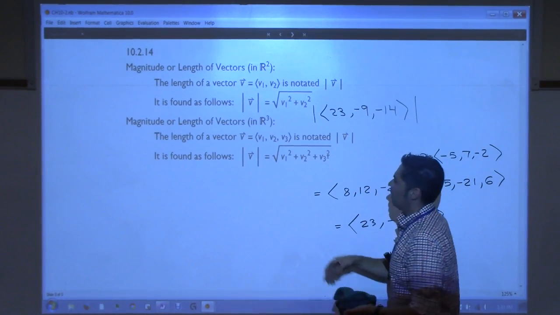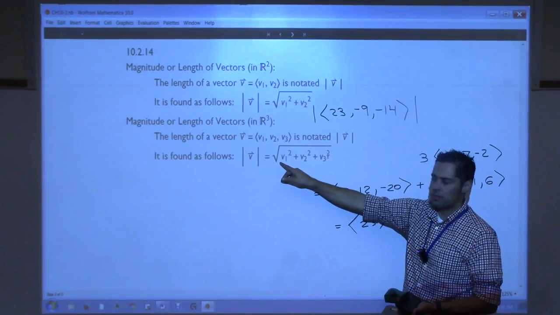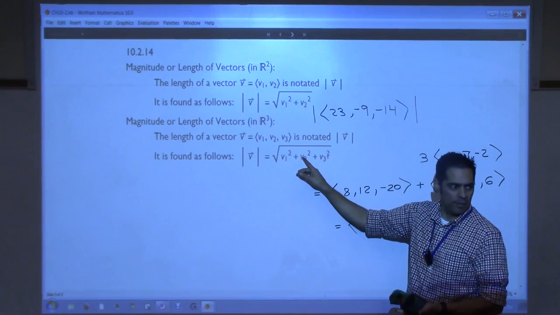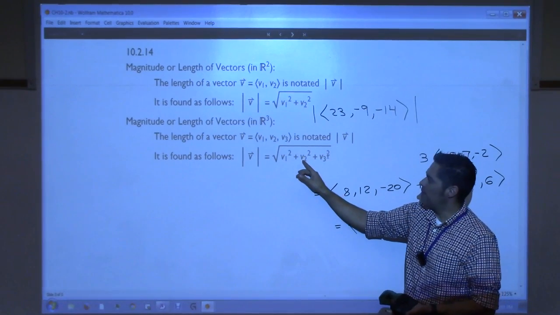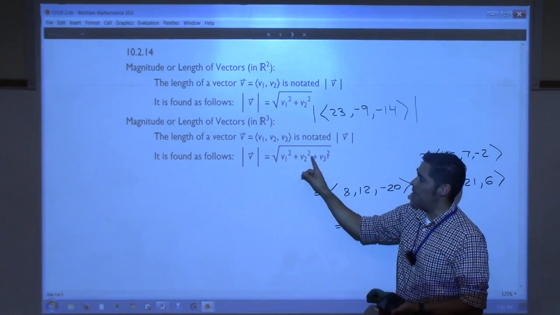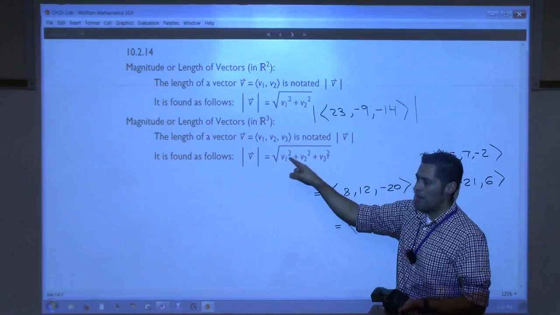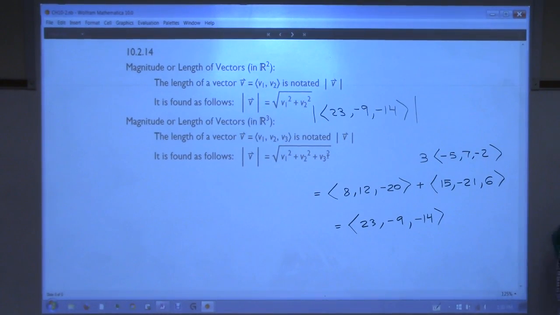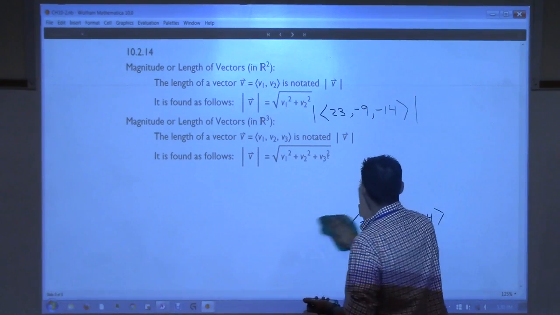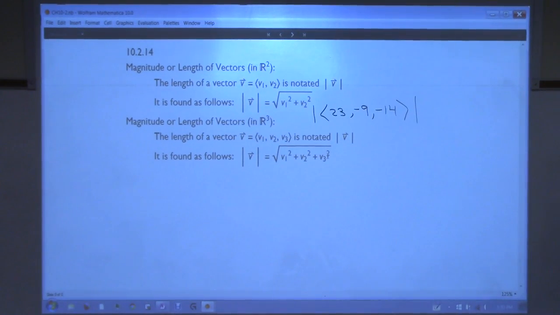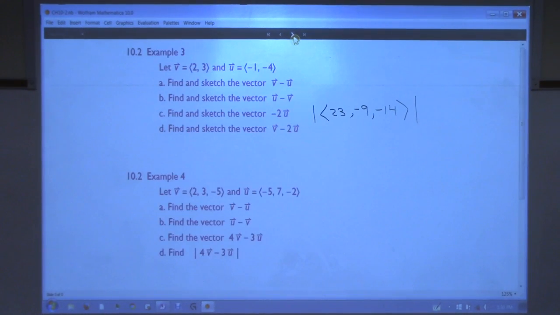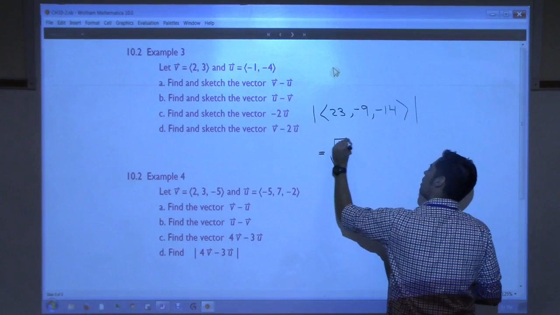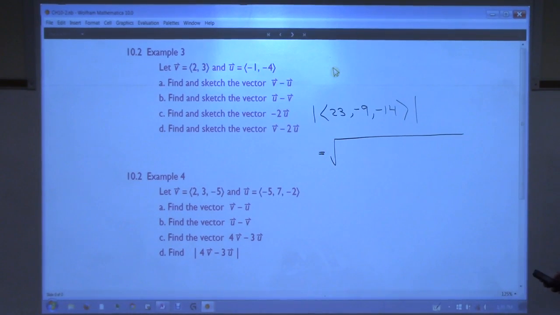We would say this is the square root of the sum of the square of the components. So we square each component, we add them all together, and we take the square root. So this should be equal to the square root of, all right, well, you have your calculator.